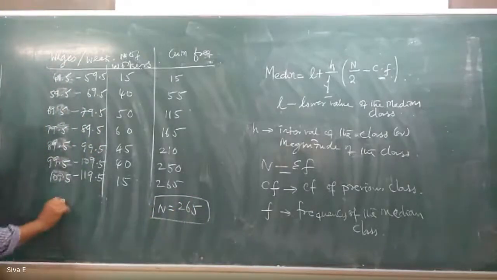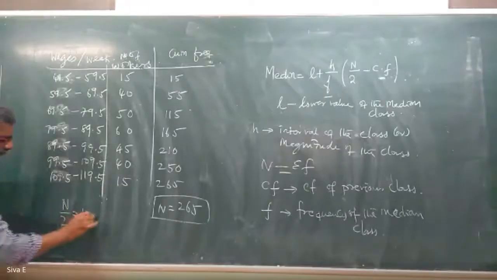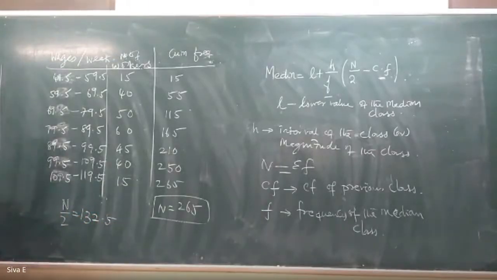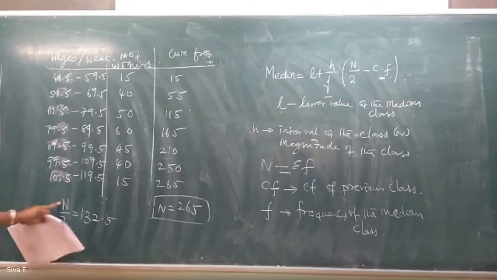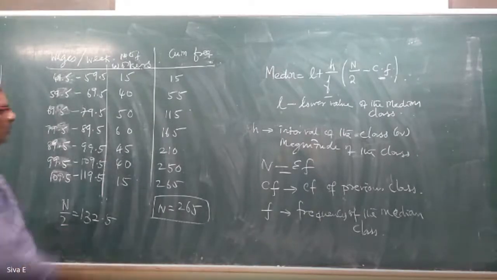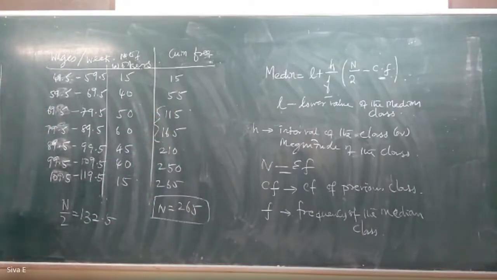Calculate n by 2. N by 2 is 132.5. So 132.5 lies between 105 and 165.